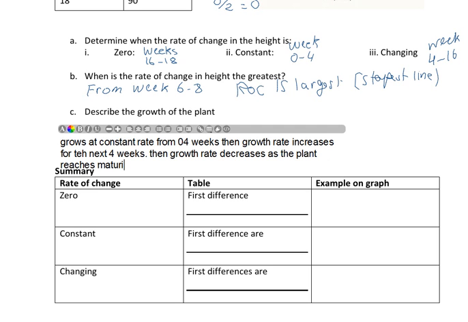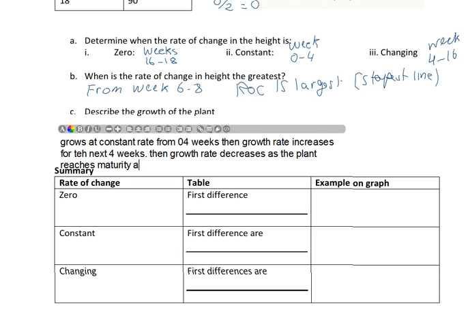After week 16, the plant stops growing. It was increasing slope, and then the slope started to decrease as the plant started to mature.